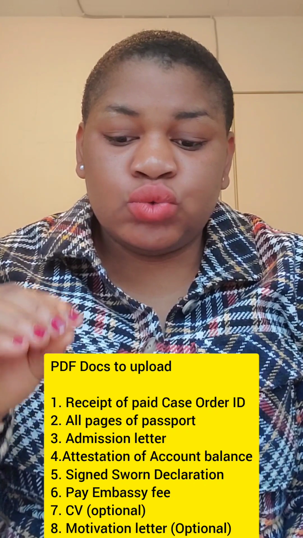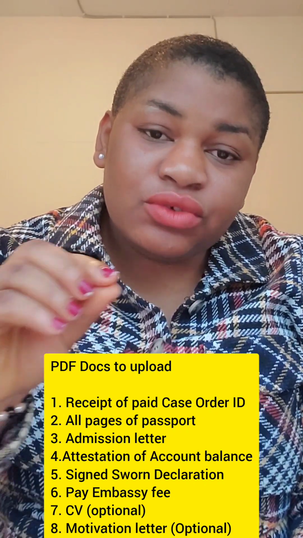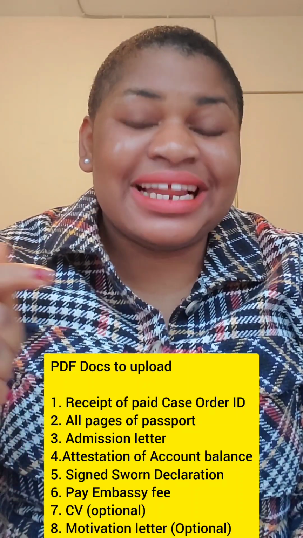It's called the sworn declaration and information page. You have to download it, you sign it with your hand, and then you scan it and attach it to this document. The Danish embassy wants to know that you are the person who is doing all of this, and you are confirming to the terms and conditions that are given you in order for you to enter their country, and they are also confirming that whatever information you're giving them is valid.